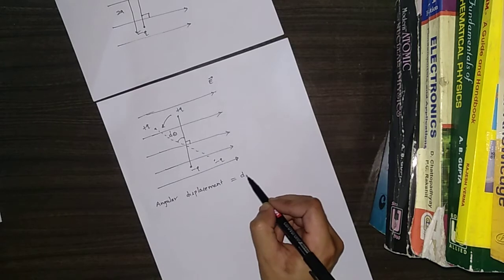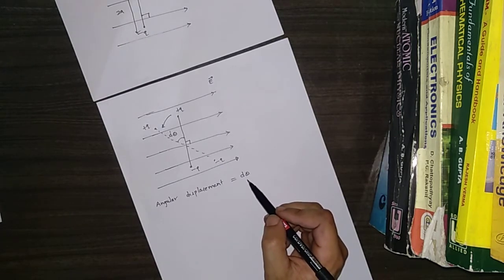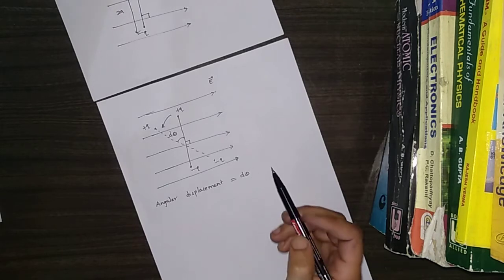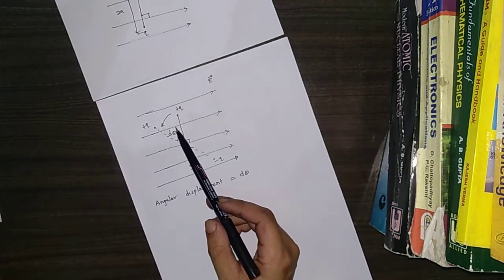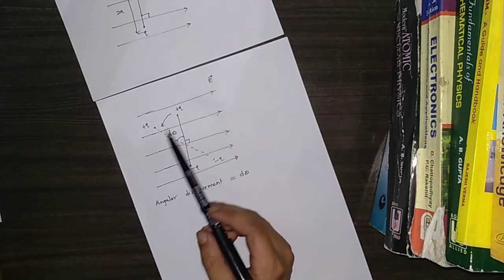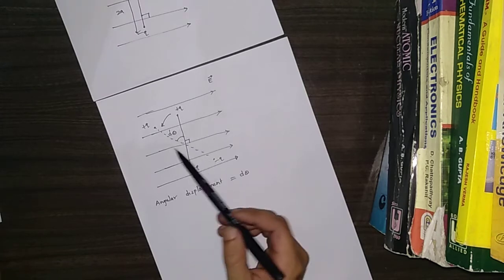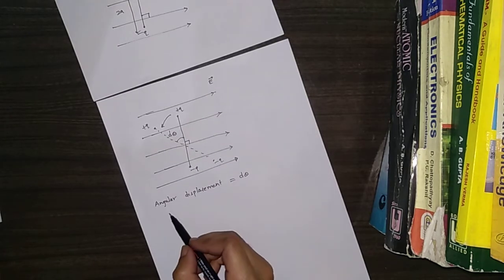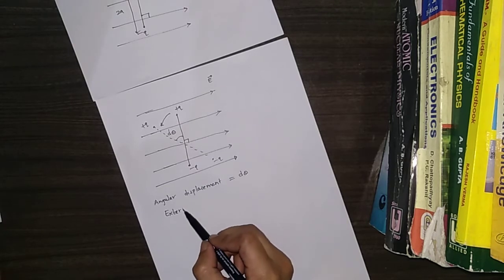You have displaced the dipole by an angle of d theta, and while rotating you have utilized a torque. Instead of force in rotation, we utilize torque to rotate things. So to rotate this particular dipole, you have utilized an external torque.